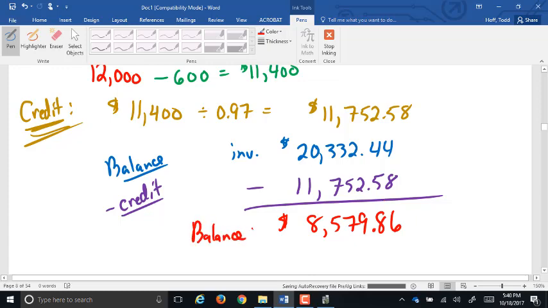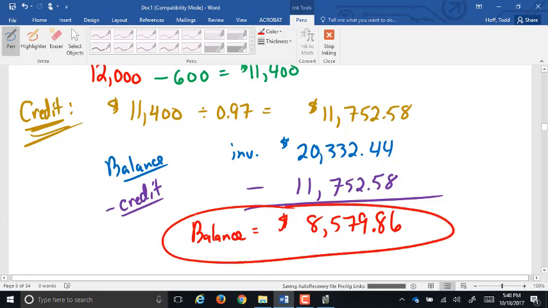That is the balance on the invoice after the payment.